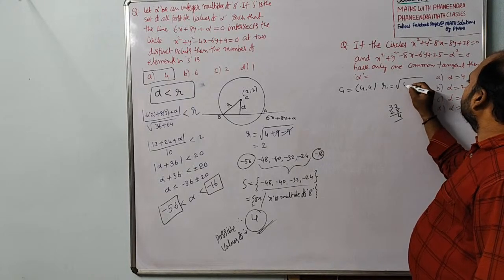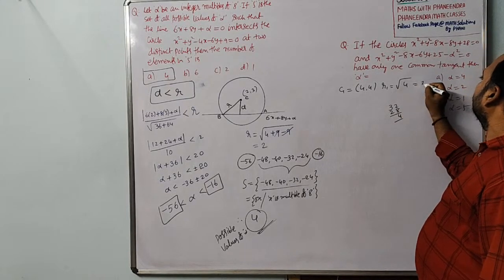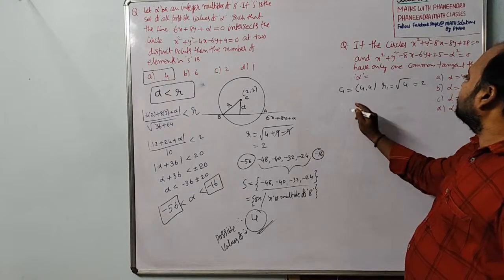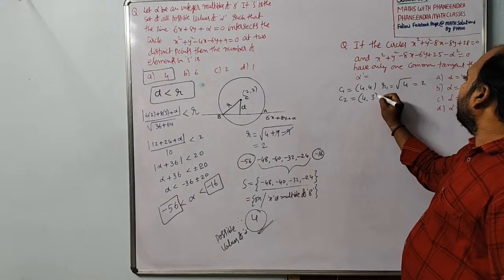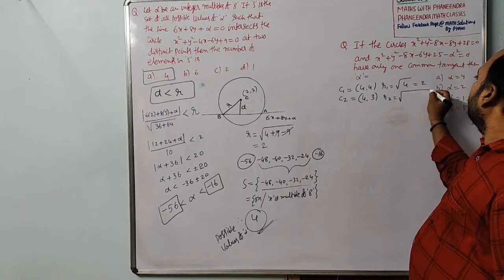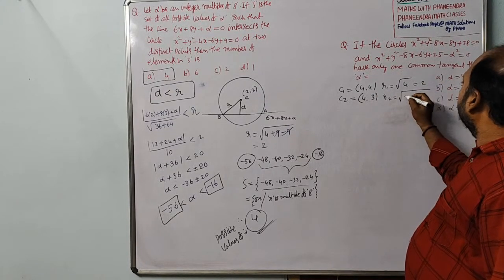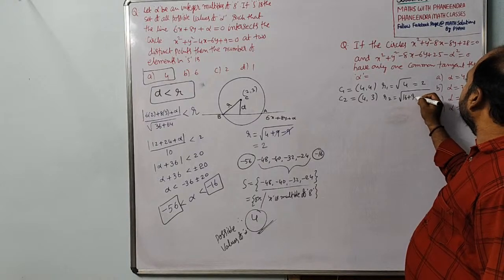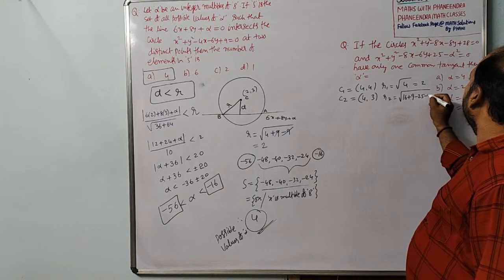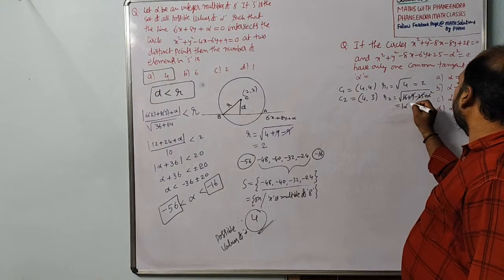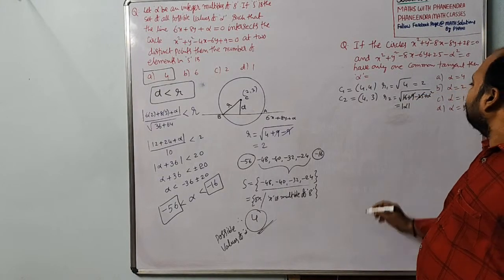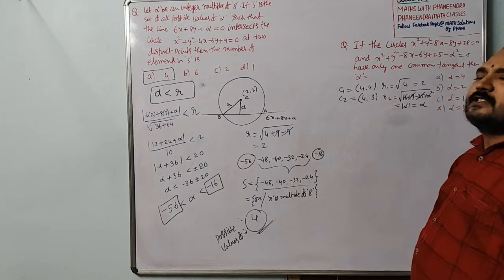So 4 will come, and root 4 means 2. Similarly, the second circle C2 has center (4, 3) and radius R equal to root over 16 plus 9 minus 25 plus alpha square. So root alpha square means mod alpha, so simply alpha. Radius is always positive.